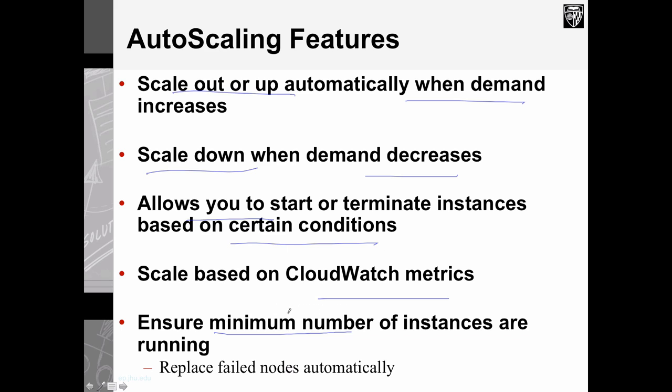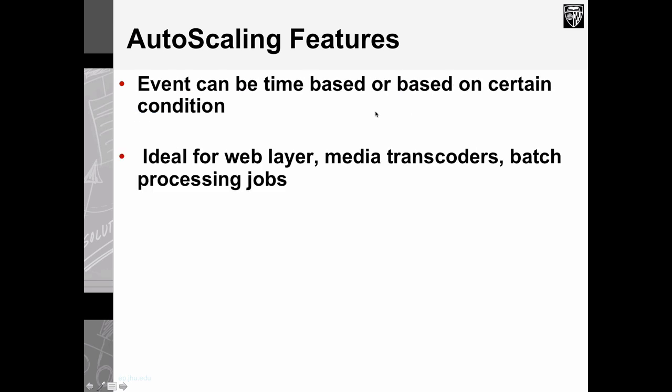If for some reason one of the instances crashes or becomes unavailable, autoscaling starts another instance of the same AMI to replace the failed node. This is a very good feature of autoscaling, which monitors our instances, and if something happens to them, they get replaced automatically. We can also scale based on certain events happening in our environment.